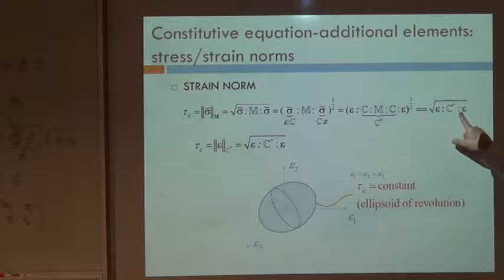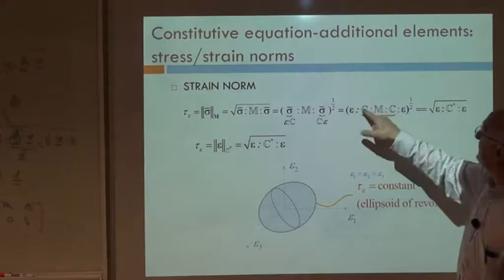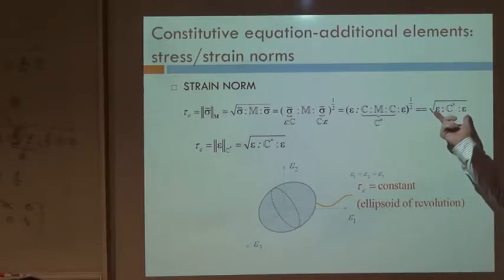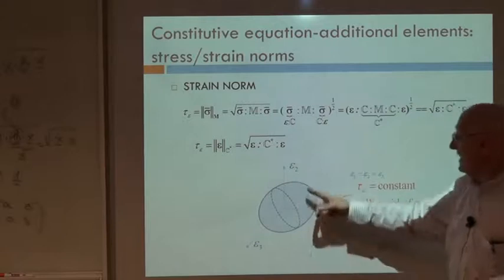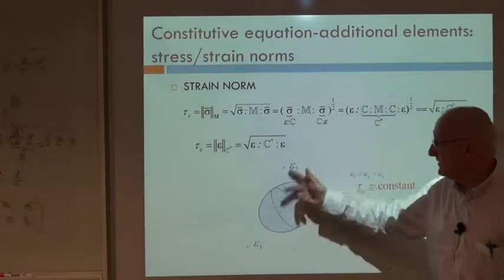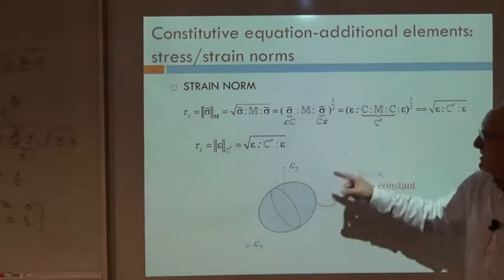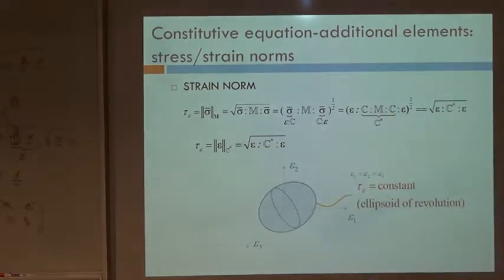So that's the norm of the strains in another matrix, which is, by the way, M times C, M times C. But again, it can be proven that this is another norm that measures, in a different way if we want, how large the strains are in the corresponding strain space, which again is a three-dimensional space, in which we take the first principal strain, the second principal strain, and the third principal strain for every strain state, and then this is the hydrostatic axis for this space.